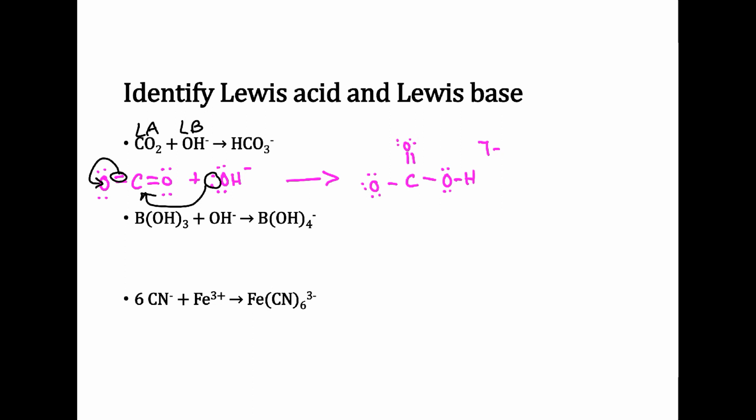Let's try another example. We have BOH3, and all the oxygens will have 2 lone pairs on them, plus hydroxide. Our resulting complex will look something like this.